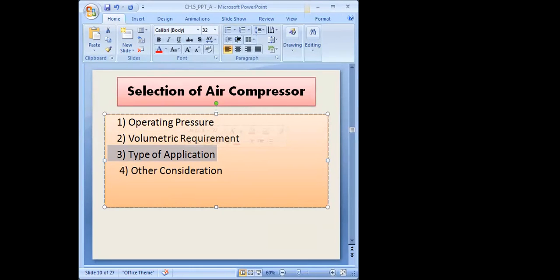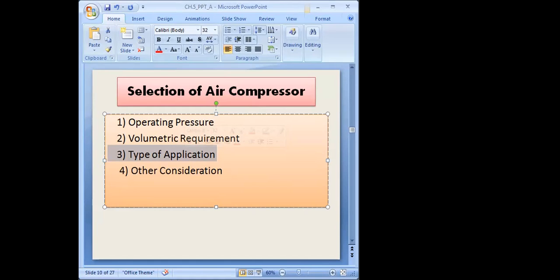The pneumatic system for which the compressor is being selected also plays an important role in the selection of the air compressor. If the application is only temporary, or may be subject to frequent change in configuration or location, then it is better to go for a portable type compressor.